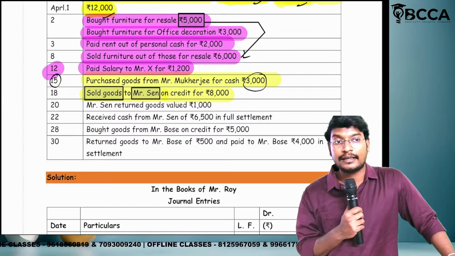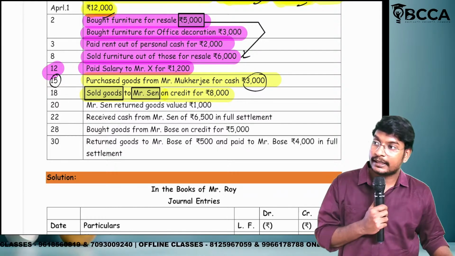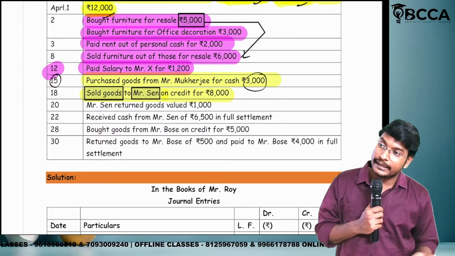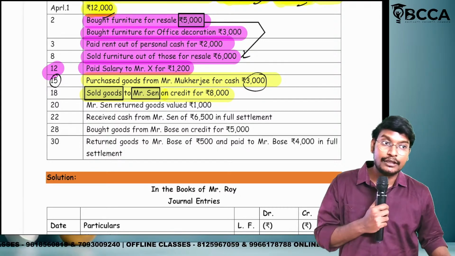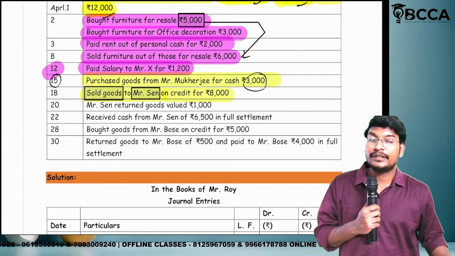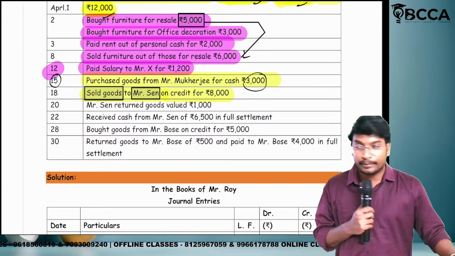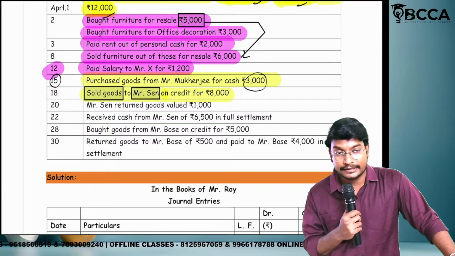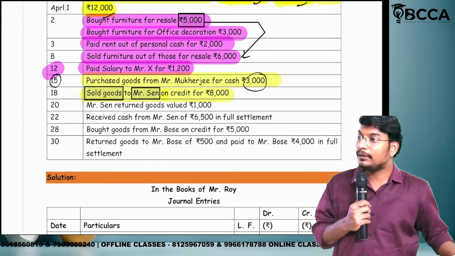So Sen debtor asset debit balance increases or decreases? Increases. At the time of credit sales, the debtor value will increase. At the time of repayment by the debtor, the value will decrease. At the time of discount allowed, the debtor balance will decrease. At the time of bad debts, the debtor value will decrease. At the time of sales returns, the debtor value will decrease.